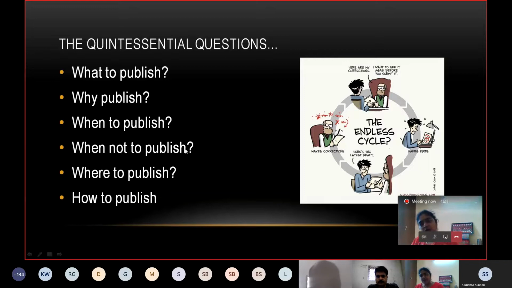Then another question which closely follows is when not to publish. There are particular domains. Let us say you are working for a big pharmaceutical company, an international pharmaceutical company like Eli Lilly, Pfizer, and so on, and you are under a data confidentiality agreement with your company or industry or enterprise.